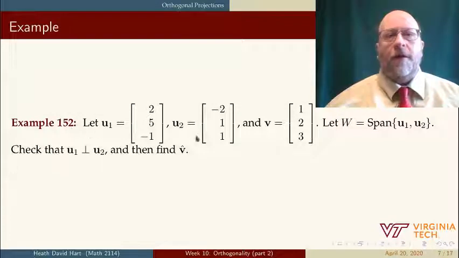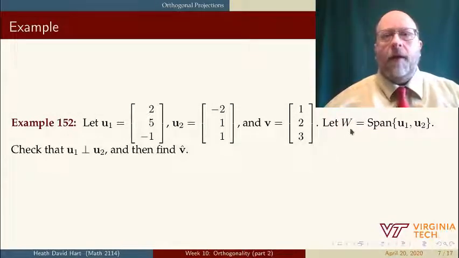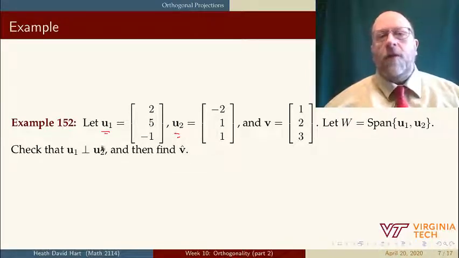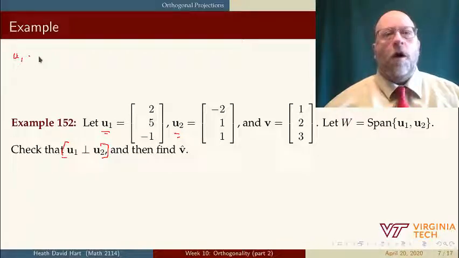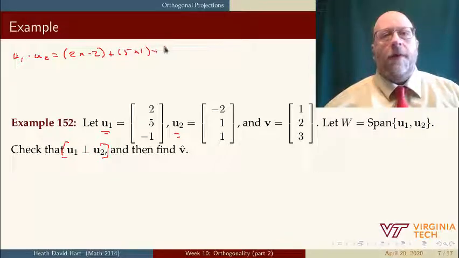So let's start with these 3 vectors here. W is the span of these 2 vectors, U1 and U2. First thing we're going to do is check that U1 is perpendicular to U2. Okay, so the dot product of U1 and U2 is 2 times -2 plus 5 times 1 plus -1 times 1.